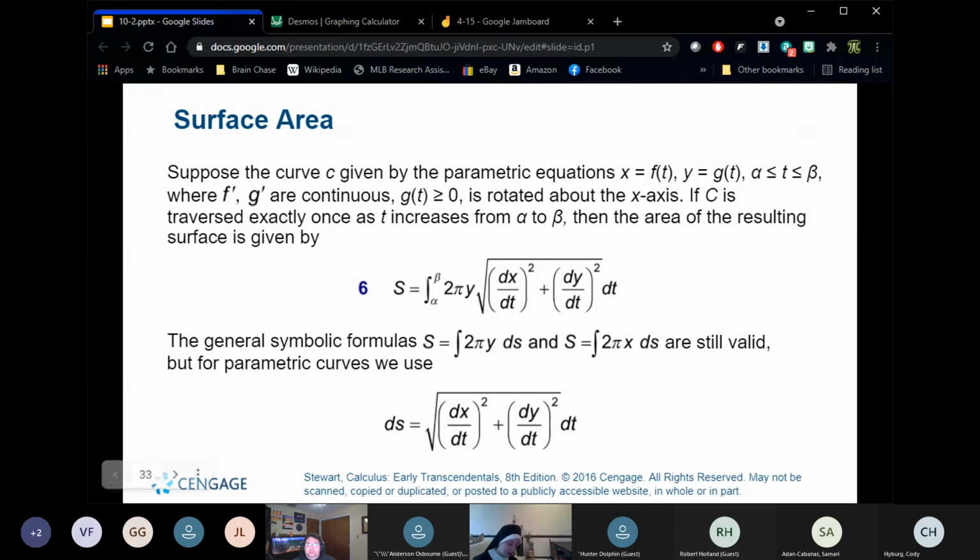The thing with this one, though, is remember, y is not just y. y is whatever your function for y was. So we do need to make sure we plug that in. And the square root part is exactly the same as what we just did with the arc length. So make sure we have that equation down. That's my surface area function.